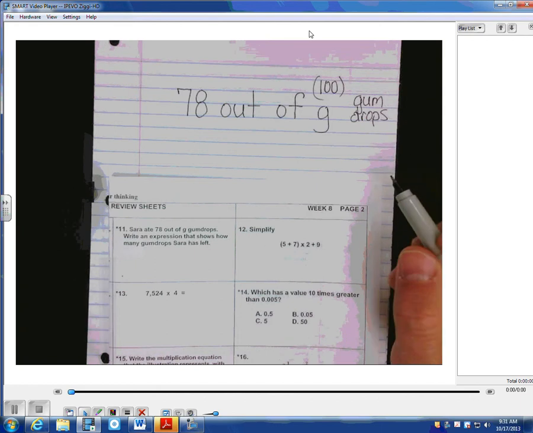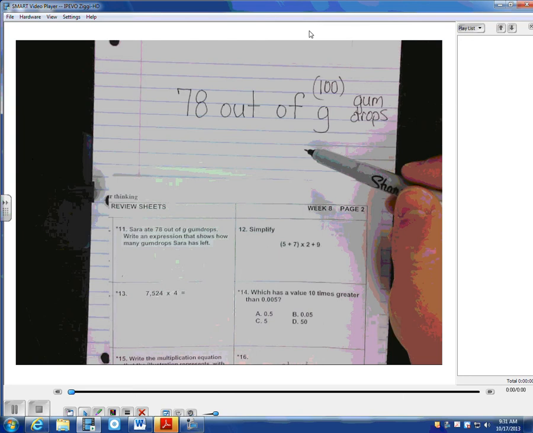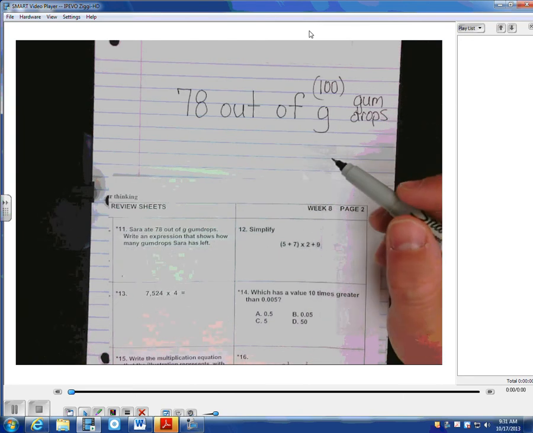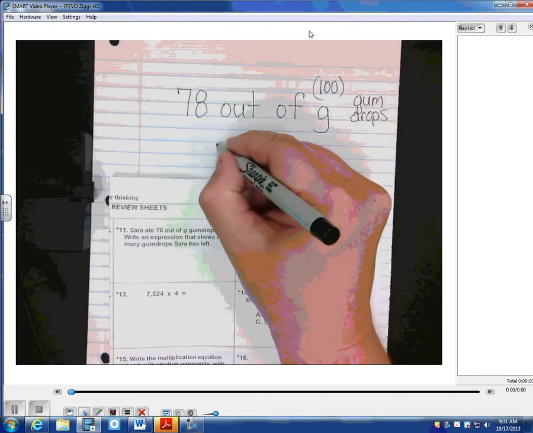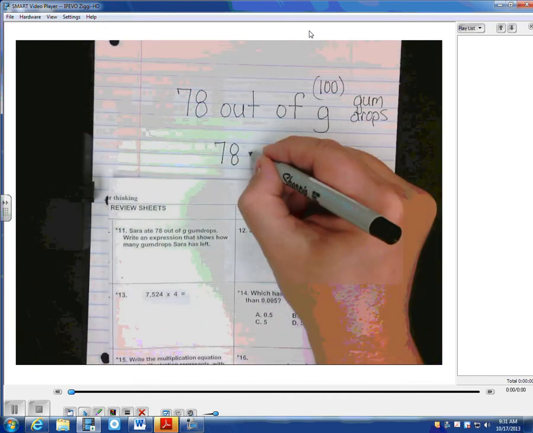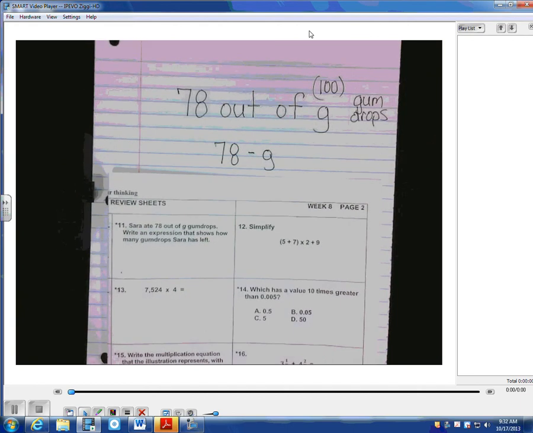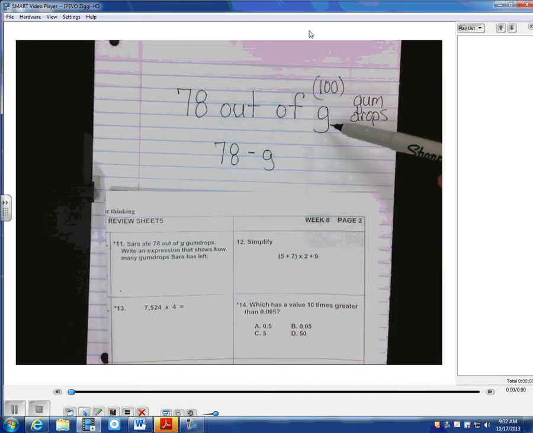Okay, so when you're writing this expression, make sure that you write it so it makes sense. For example, if you write 78 minus G as your answer, that's not going to be correct, because she ate 78 out of whatever number this is, gumdrops.